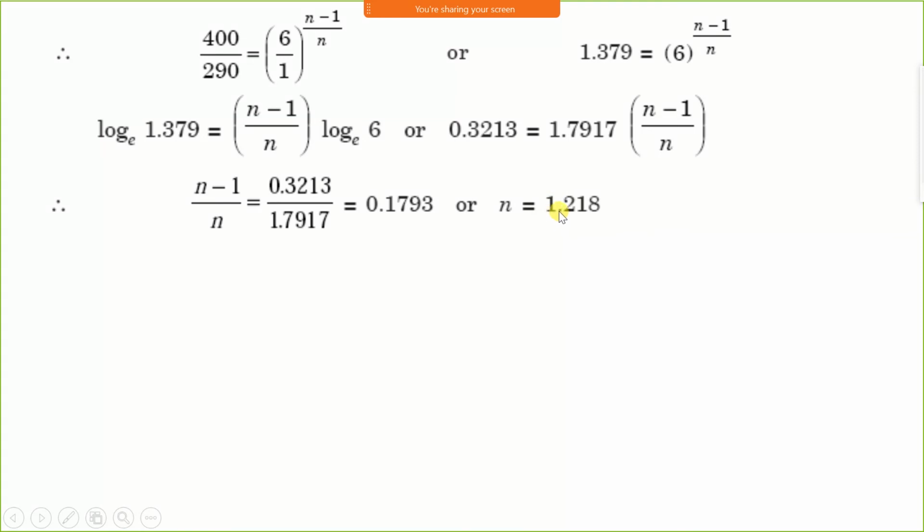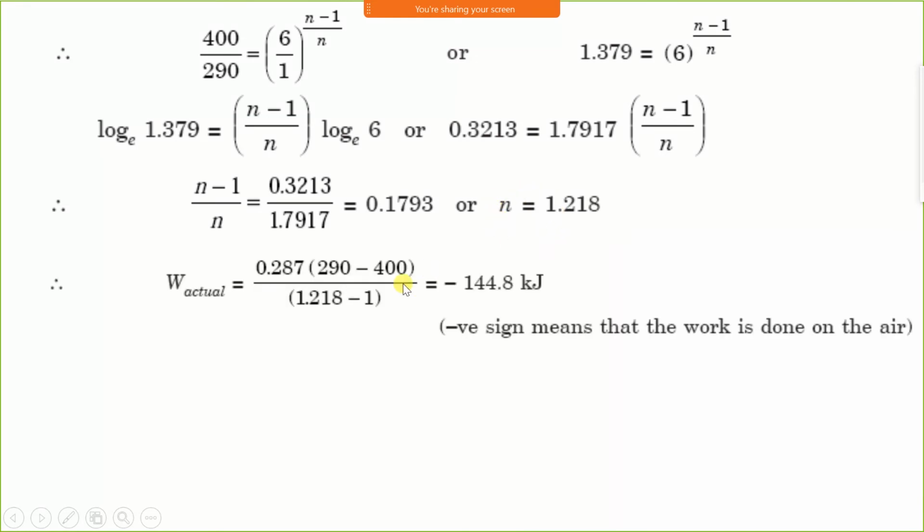As we are getting more than 1 and less than 1.4, this is the correct value. If you are getting it less than 1 or sometimes more than 1.4, then you need to check the calculation again. You might have made a mistake, so that you are getting a different value or a value which is not desirable. The desired value for n is between 1 and 1.4.